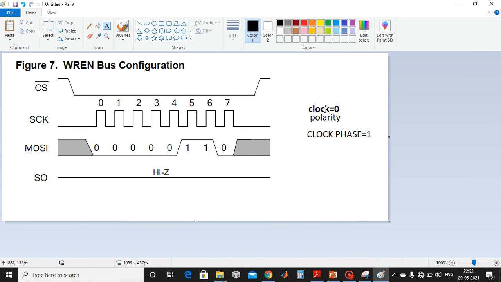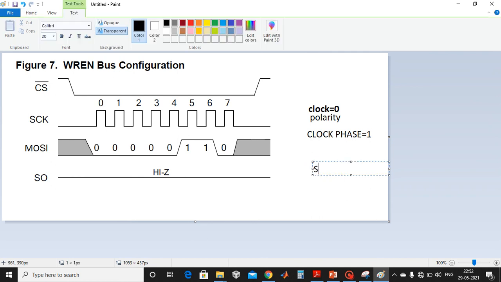Now a very important thing which we have to ensure, which is given in the datasheet, is that this device is sampling the data on the rising edge. So that means the master data, this is the master output data, master has to put the data on the falling edge. I have told you that you have to remember this information throughout this video.